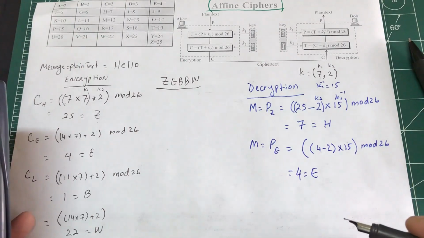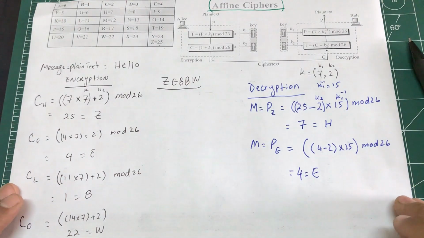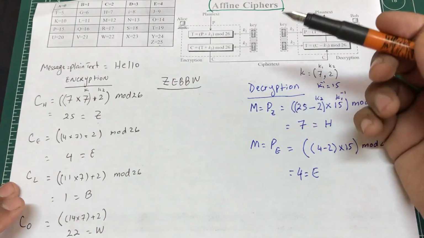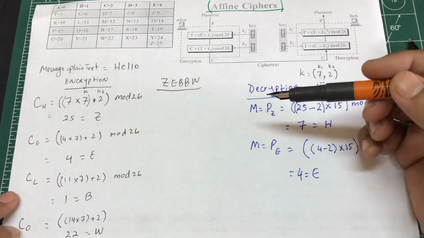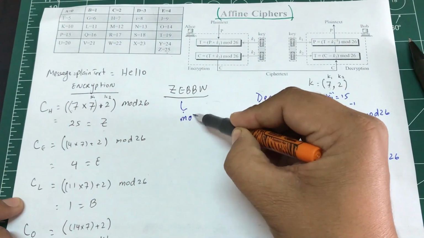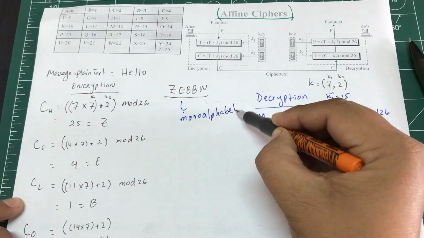And in this way you will perform your decryption process. The reason you still have to look at it: besides having two different keys, where one is multiplying and the other is adding, we're still getting our encryption to be monoalphabetic. So it's not good.